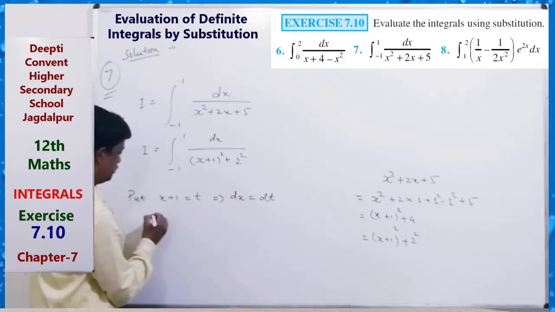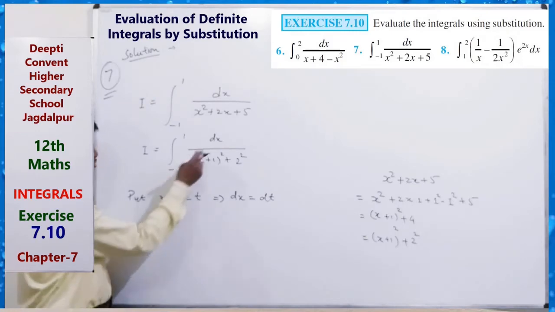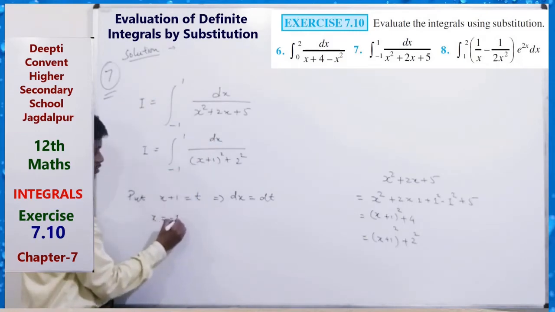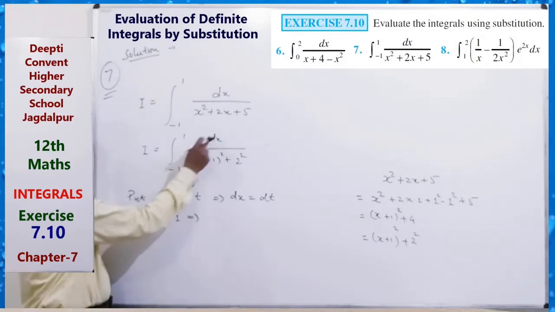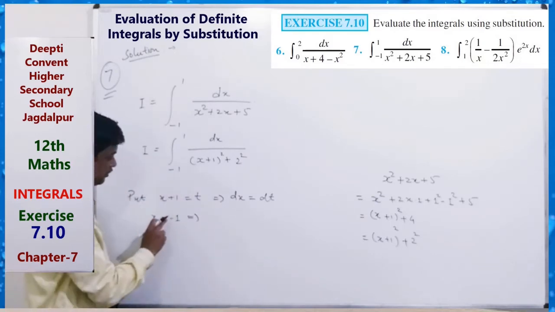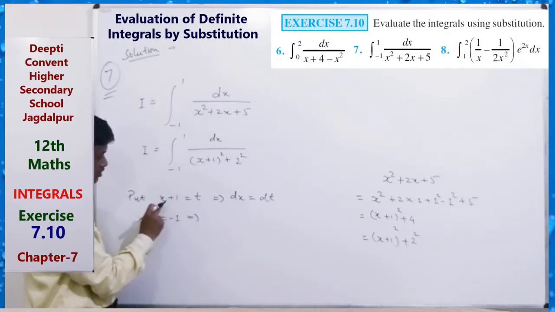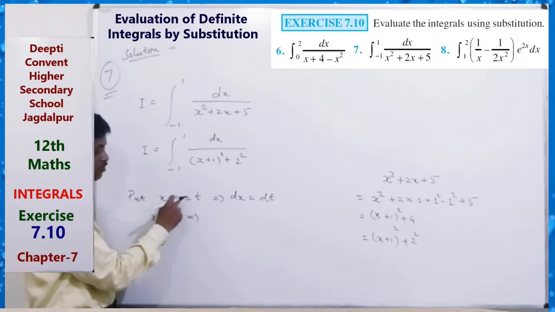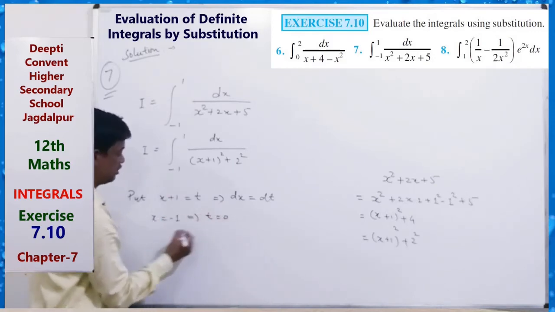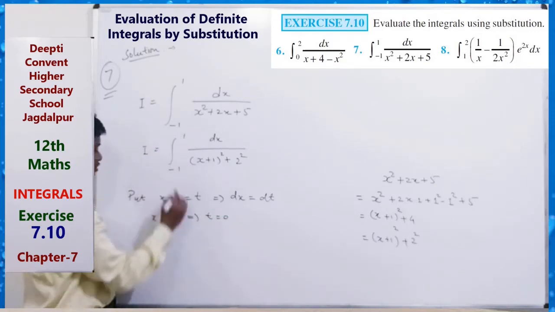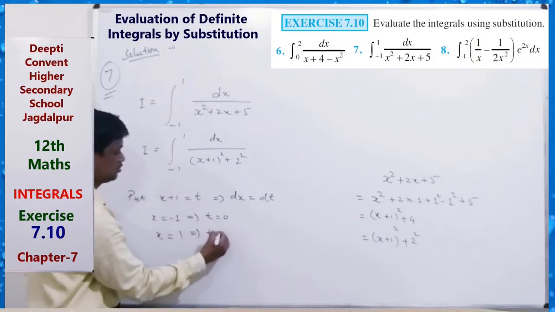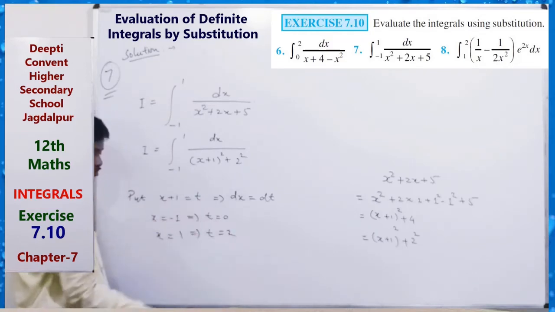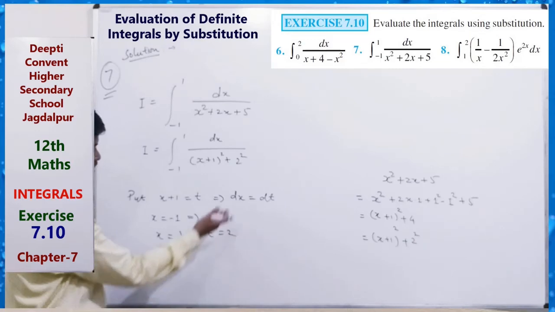And also, x equals to minus 1, the lower limit: minus 1 plus 1 is 0, so t equals to 0. And x equals to plus 1, so t equals to 2, 1 plus 1, 2. So this is the new limit and substitution.